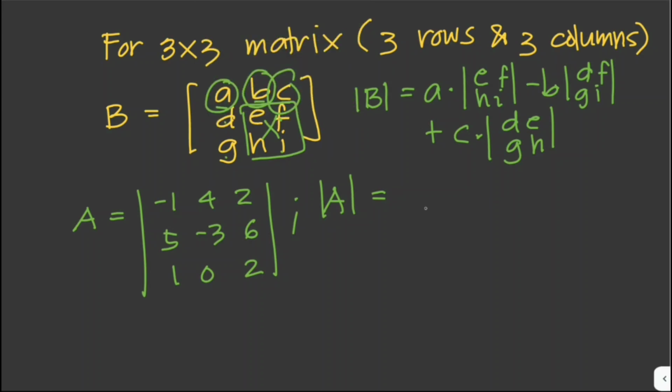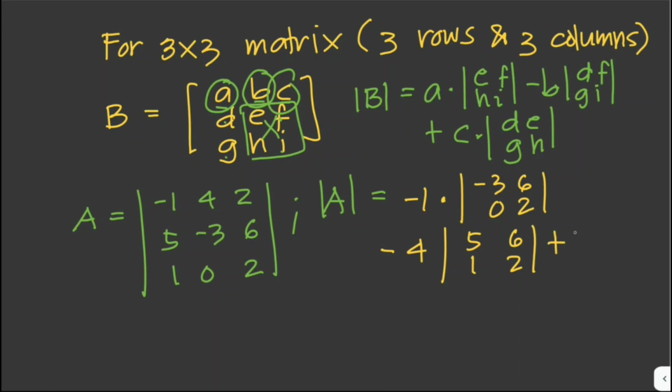So that would be -1 times the determinant of -3 6 0 2, minus 4 times 5 1 6 2, plus 2 times 5 -3 1 0.